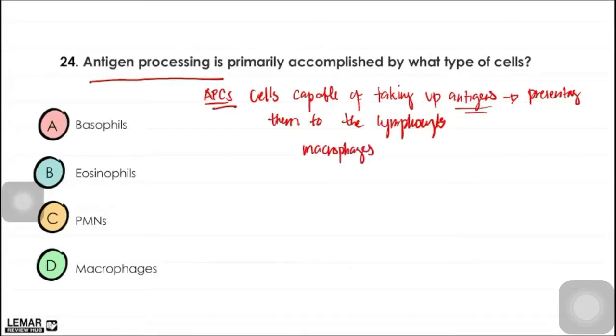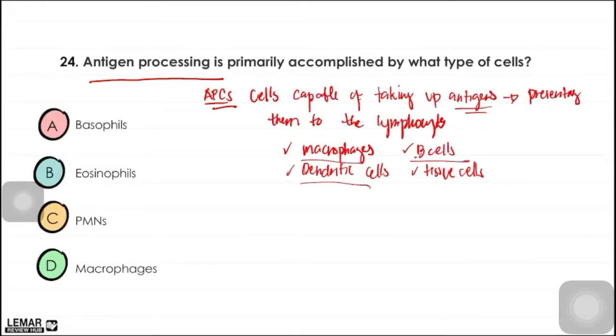These APCs include your macrophages, dendritic cells, B cells, and even tissue cells. But the most common APCs are your macrophages, dendritic cells, and your B cells.